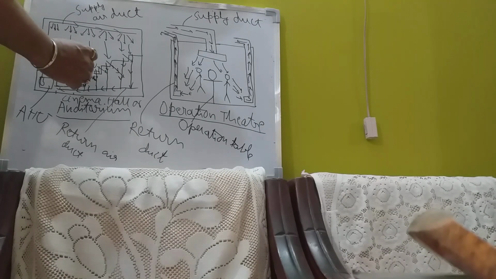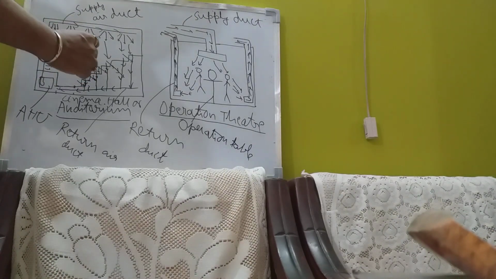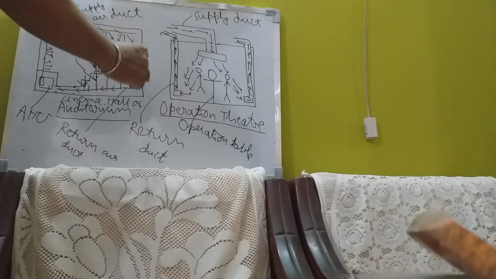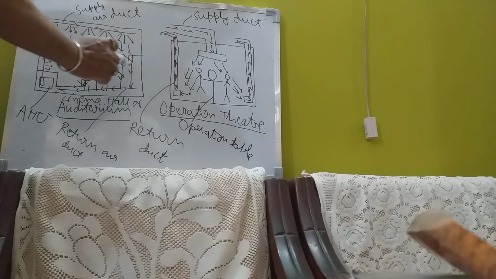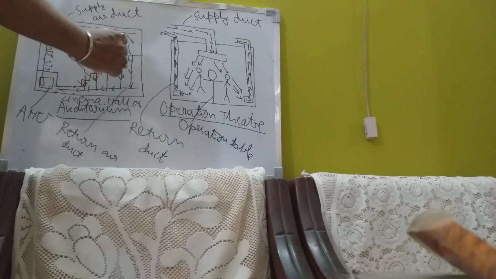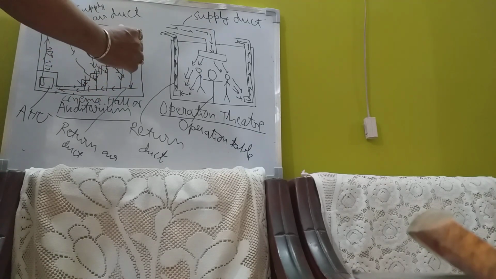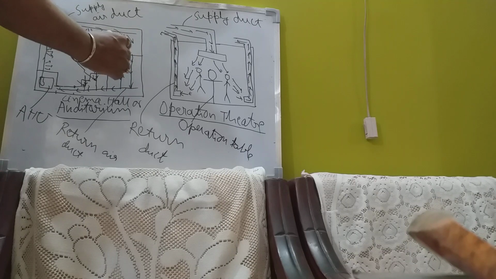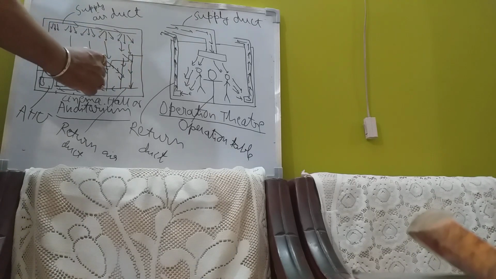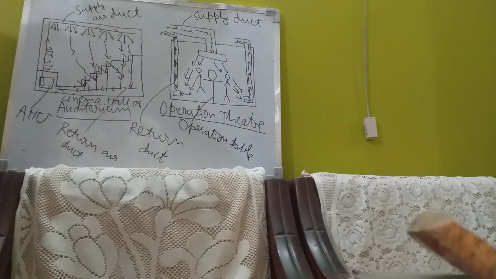Either it comes through this grill or through below the seat. This return air is taken below this. This whole structure is hollow inside, this is an open area. In that we are taking the return air. This is the return air coming from below the seat and from the steps of the stair, and the return air is coming back to the engine.